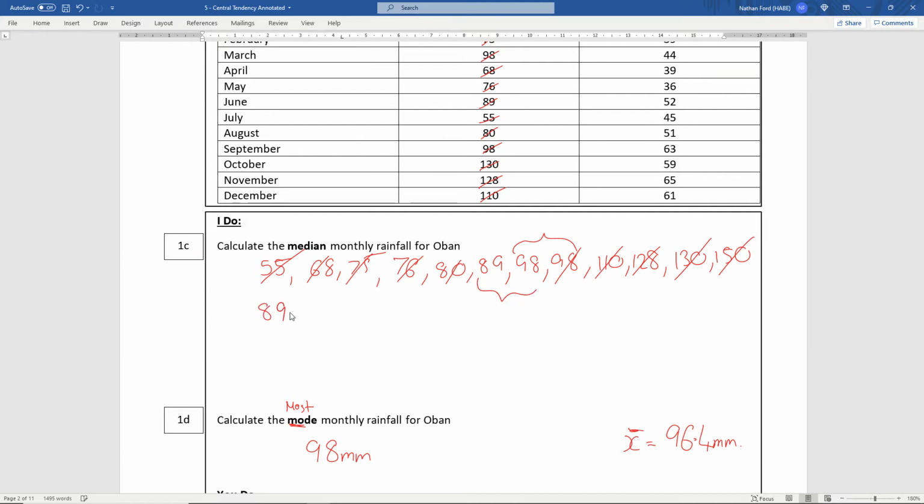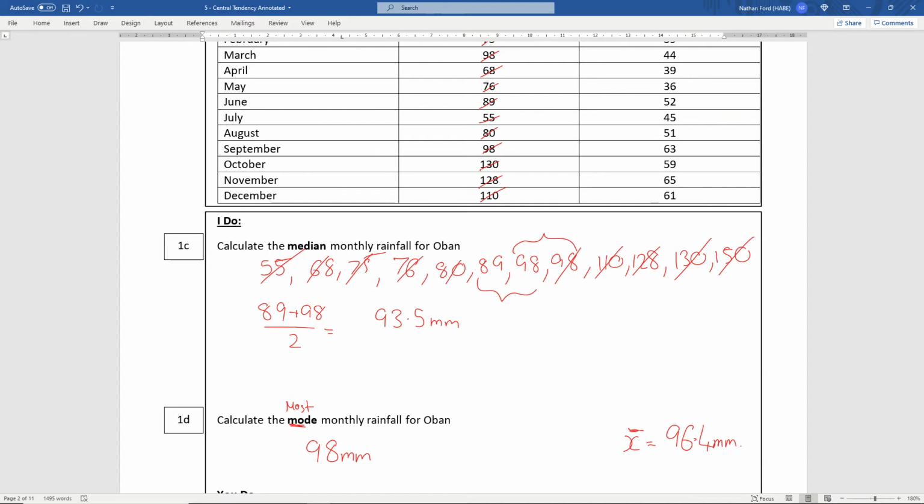It's like doing a mean of those. So we get a median of 93.5 millimeters. What I want you to do is try that yourself, and then I'm going to talk to you about moving averages, which are used a lot in business.